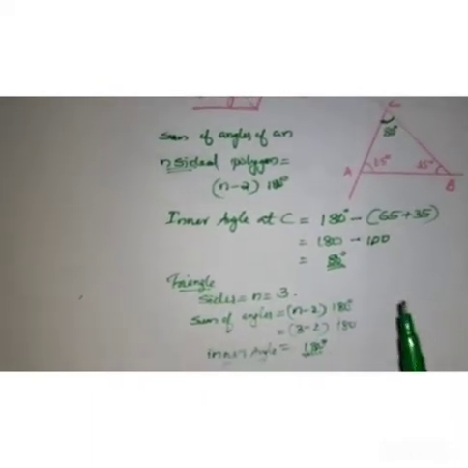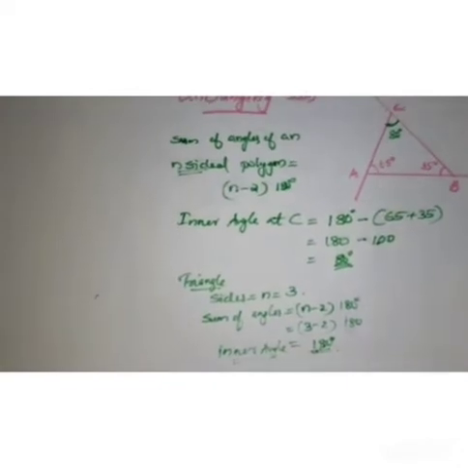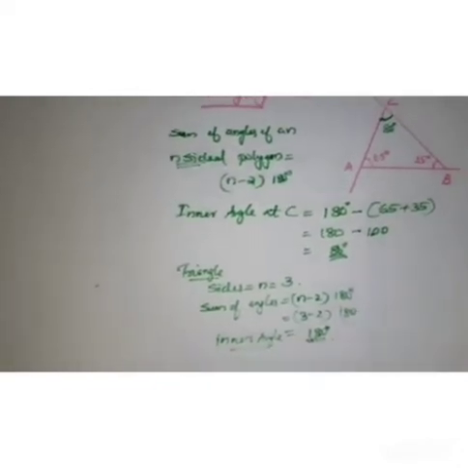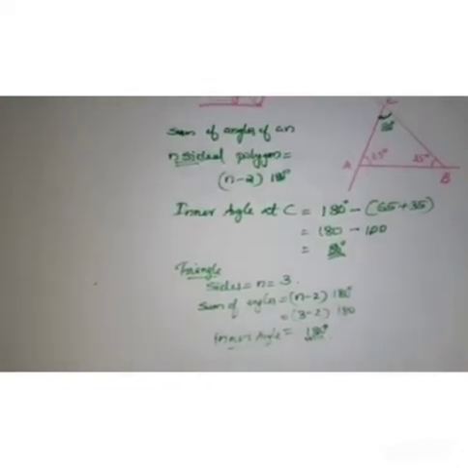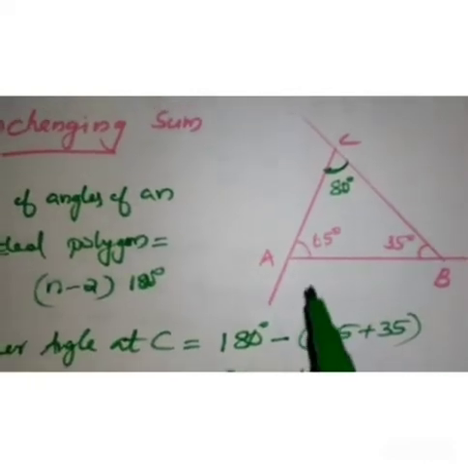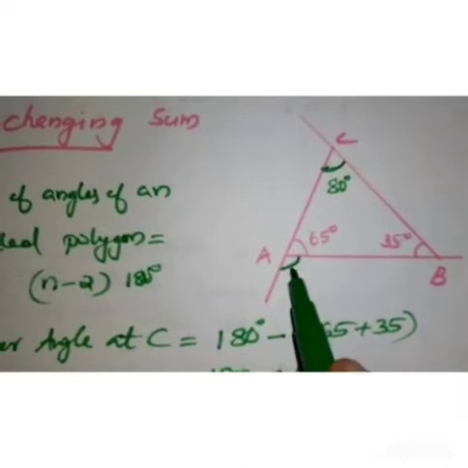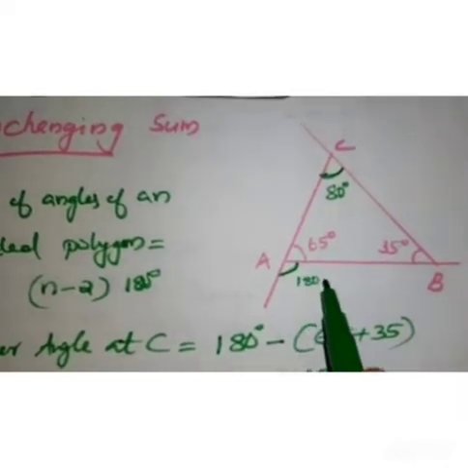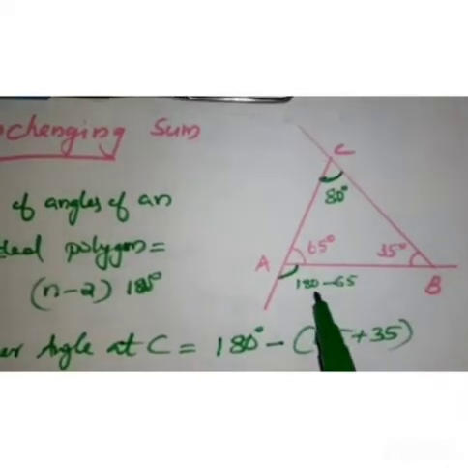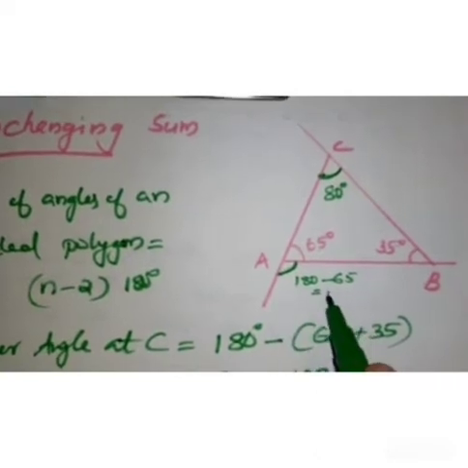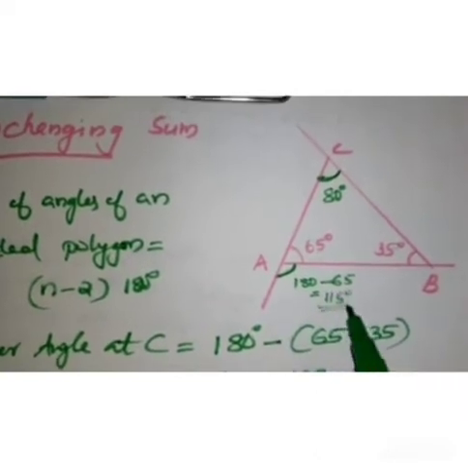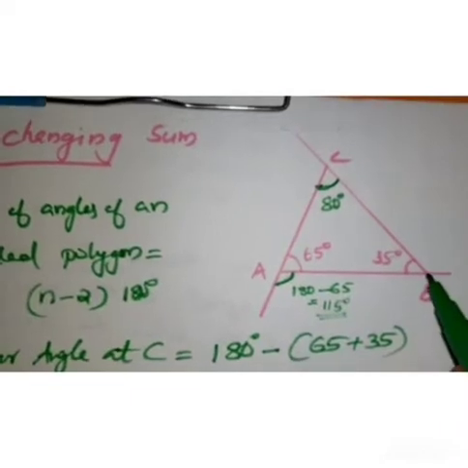Next we are finding out the outer angles. And the total of outer angles, how much do we have to find out? Outer angle at A: these two are linear pairs. So 180 degrees minus 65, how much are you getting? That is 115 degrees. Then what about the outer angle at B?